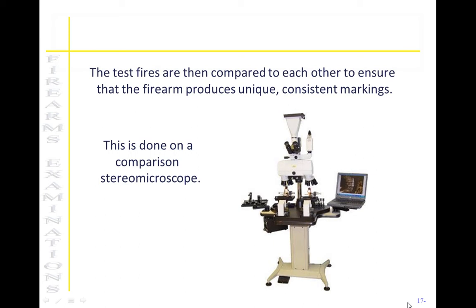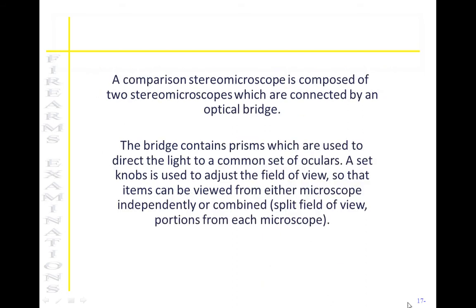All of these comparisons are done on a comparison microscope that is a stereo microscope. This is your lower magnification. This comparison stereo microscope allows two items to be viewed at the same time because of the presence of an optical bridge.